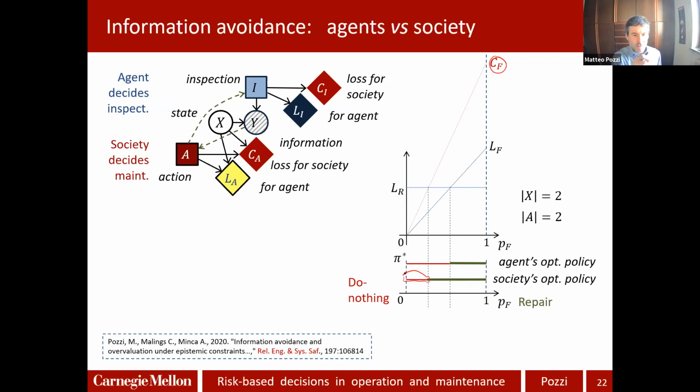Let's say that you have to repair even when the probability of failure is relatively low. Instead, the agent will prefer to take a higher risk because for the agent, let's say, the cost of failure is less. So in this sense, the agent is forced to follow a policy that is not optimal.